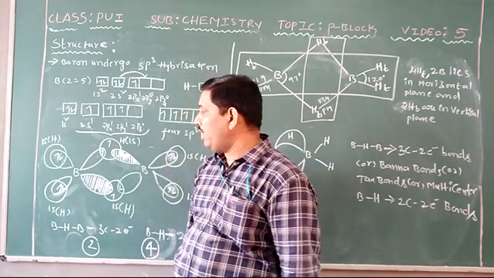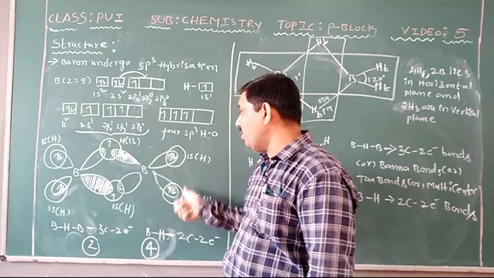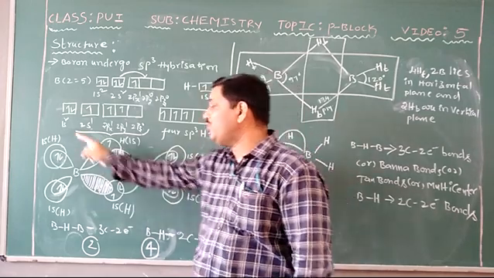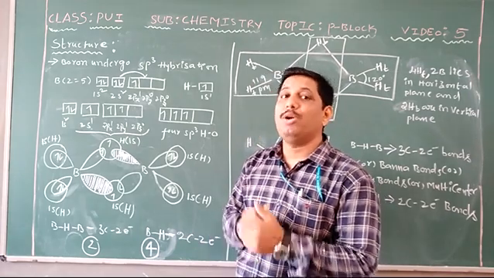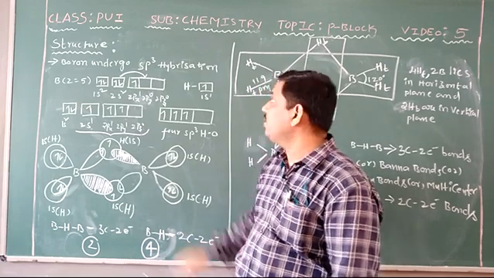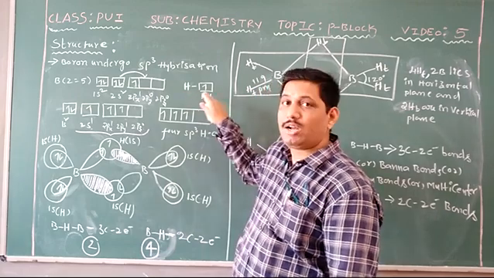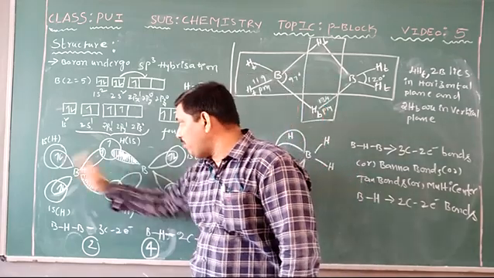Like this, these two hybrid orbitals of the boron atom can overlap with the 1s orbital of the hydrogen atom to form normal sigma bonds. Clear, students? The hydrogen atom has electronic configuration 1s1, containing 1 electron. Okay, students, these orbitals are completed.